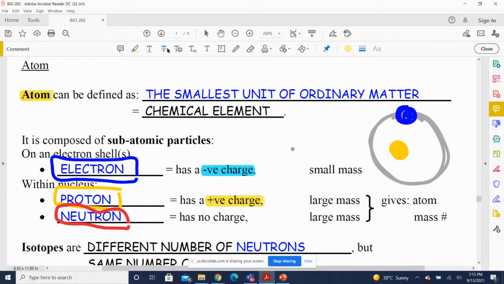And typically, normally, we end up finding that the electrons and protons, their charges end up evening each other out. So electrons have a very small mass, whereas protons and neutrons have a larger mass. And this is why when we're calculating the mass of an atom, we really include only the mass of the proton and neutron. And we talked about the mass of an element earlier on here.